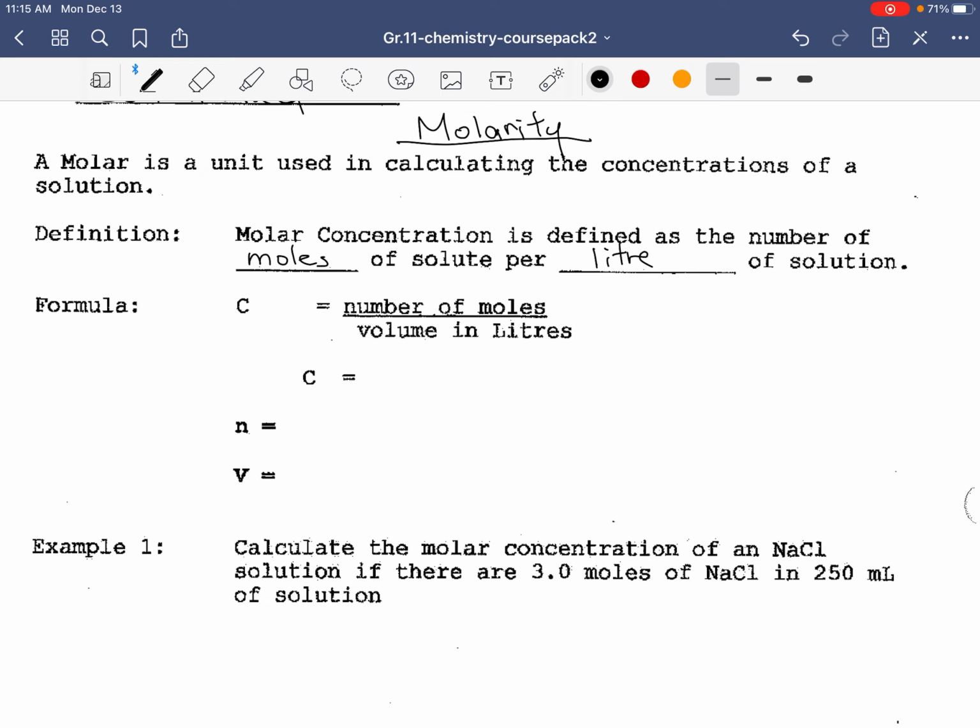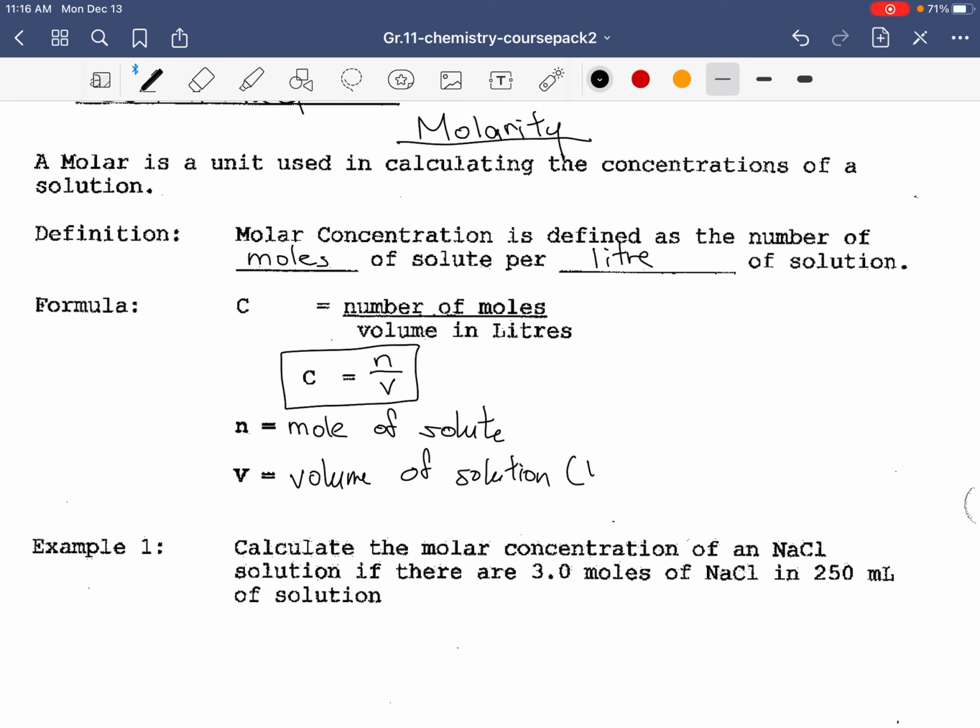So the formula here, of course, is that concentration is equal to the number of moles of solute over the volume in liters of solution. So you can abbreviate it as C = n/V, where n, of course, is the moles of solute, and V is the volume of solution in liters.